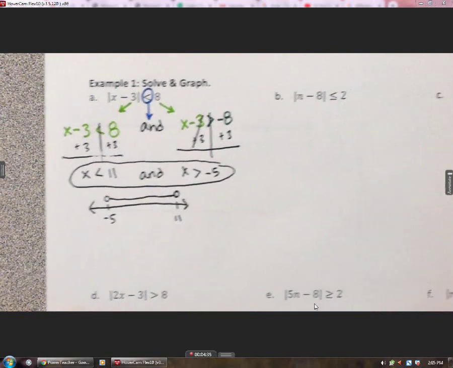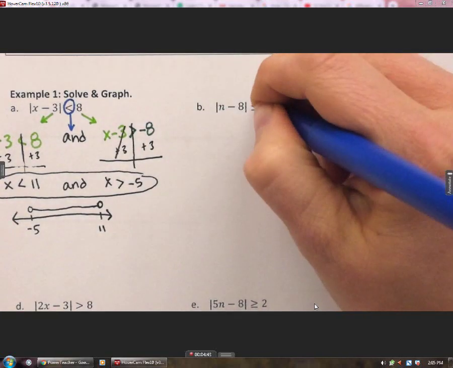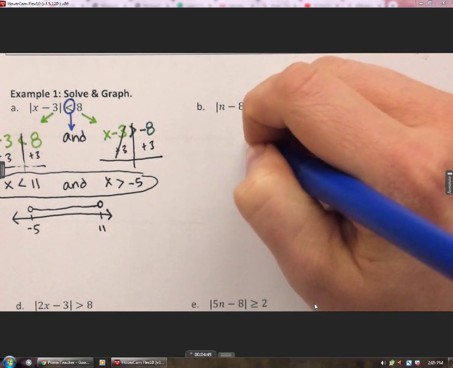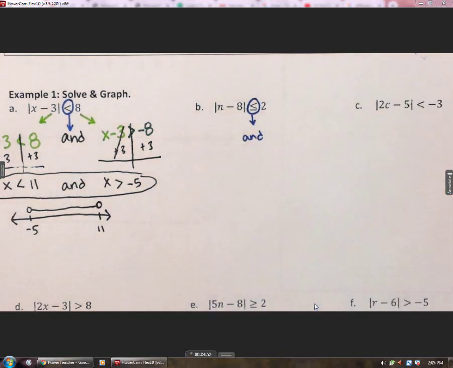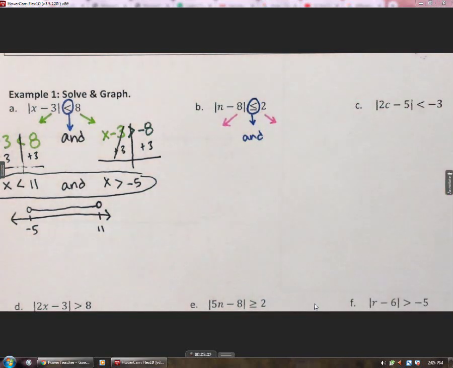Let's try another one. This symbol, is this going to be and or or? And. This is an and. What's my next step? Split them up.